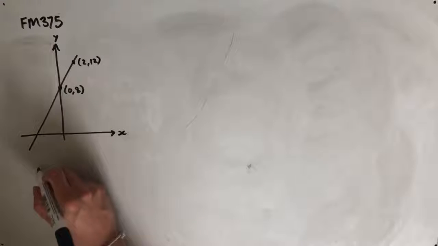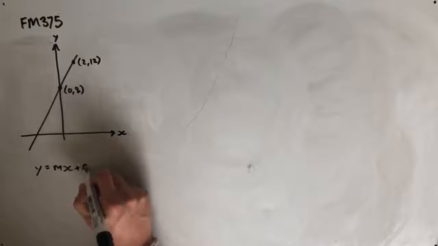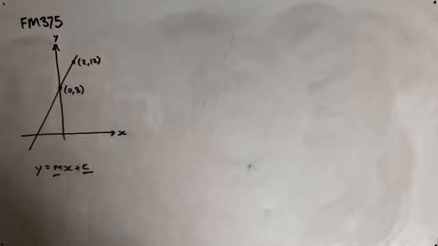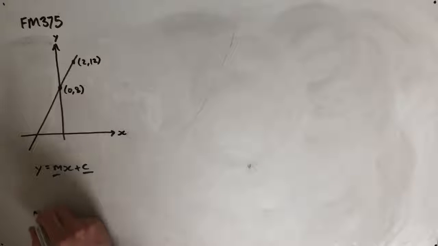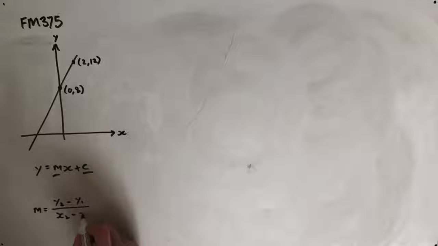So as always, we know that the standard form of a line is y equals mx plus c, where we're expected to find values of m and c in order to make this equation make sense. So starting with the gradient, m, we know that our gradient equation is y2 take y1 over x2 take x1.